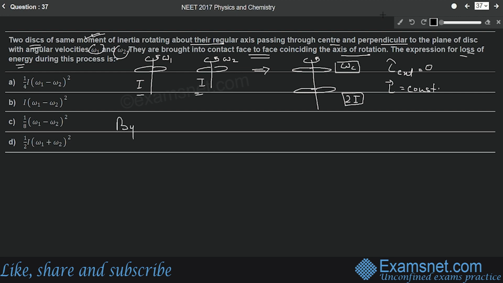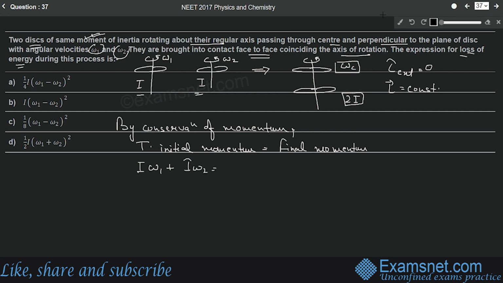So by conservation of momentum, we can say that the total initial momentum will be equal to the final momentum. Initial momentum of the first one was I omega 1, for the second was I omega 2. So that will be equal to the final momentum, that means 2I into omega c.